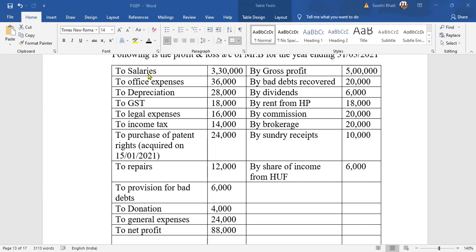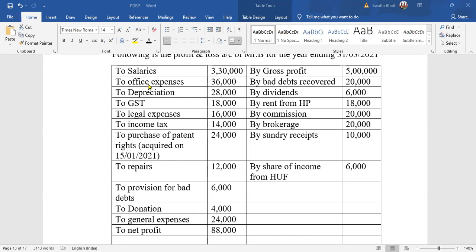The first item that we have here is salary. So if you look at it from a business point of view, payment of salaries to the employee is a major expense related to the business, and it is a part and parcel of the business. So it will be allowed. Salaries is genuinely connected to the business, so it will be allowed.